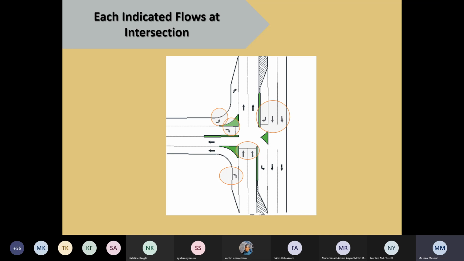Same as the westbound, where you can turn left and turn right, and same for the northbound arm, you can turn right and go straight. Each of these indicated flows needs to be counted, and usually one person will count for one intersection.